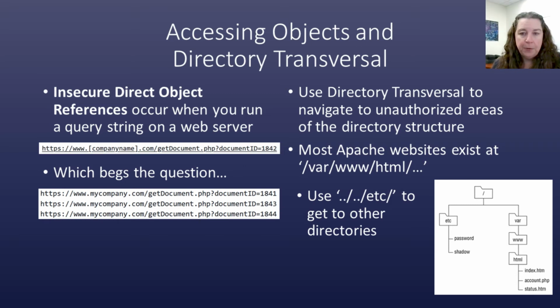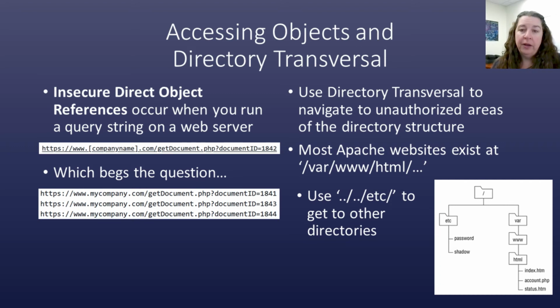That's where your normal pages go in Apache websites. Well, if all I have to do is use dot-dot-slash, I can go up directories and I can traverse up the directory and then back down another way to find the etc directory, maybe the shadow file, anything that I want inside of there. Making sure that there is no direct directory traversal available on your server is a really important way to protect yourself from authorization vulnerabilities.